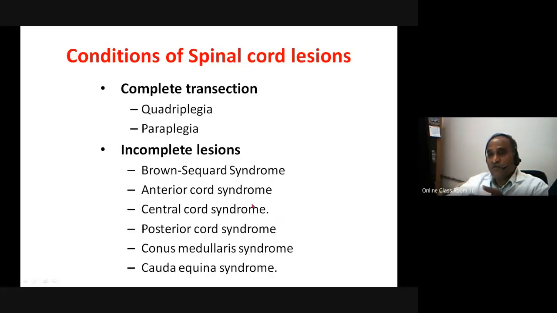Or there may be involvement of the central canal and around, that is the central region. That is the central cord syndrome. There may be involvement of the posterior cord, so that is the posterior cord syndrome. Then the lesions of the conus medullaris and cauda equina. I will deal with each one of them, briefly highlighting the terminologies and the conditions.